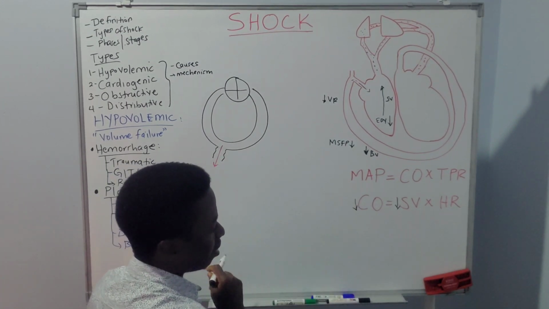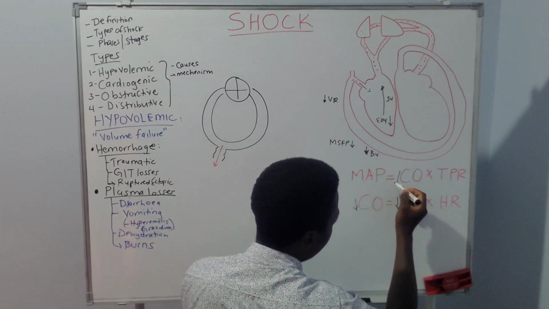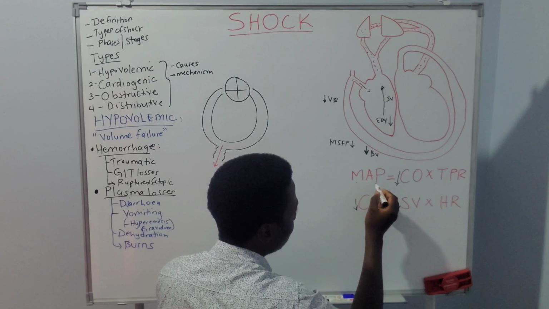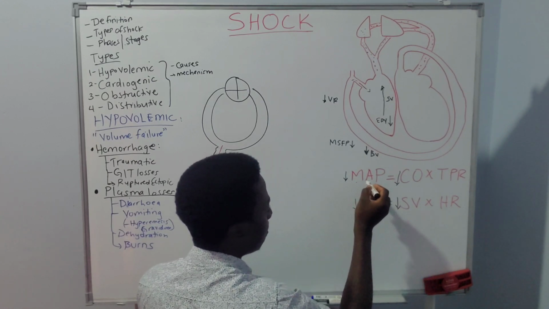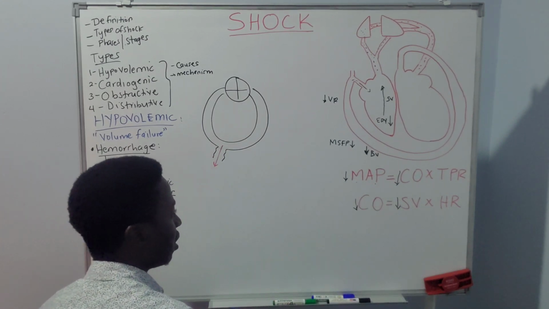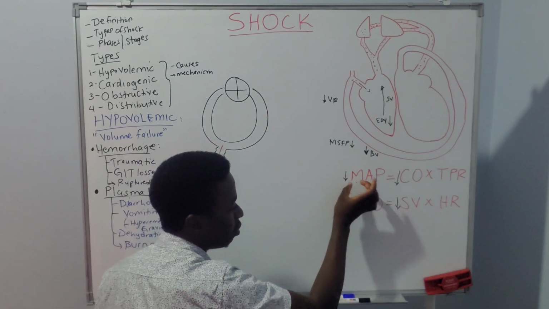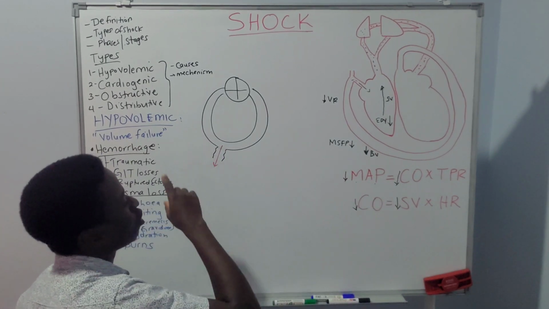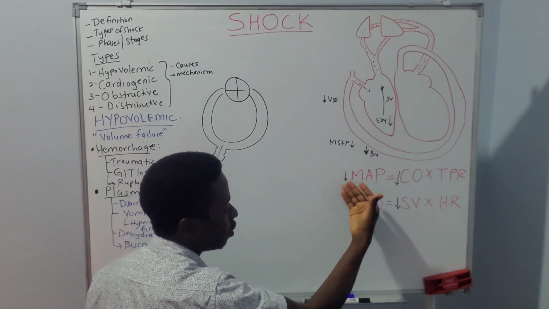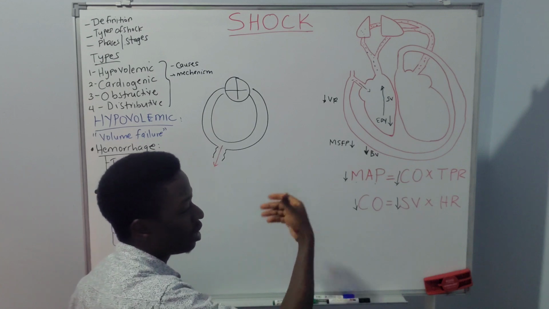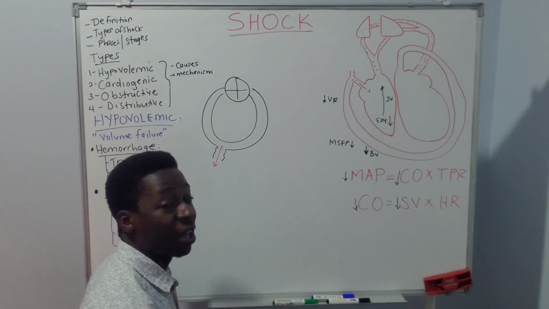When your cardiac output has decreased, when you come to this formula, your mean arterial pressure also decreases, which is the perfusion pressure, the key pressure when I'm talking about shock. The decreased perfusion pressure means decreased blood supply, then you have increased hypoxia and decreased supply of nutrients.